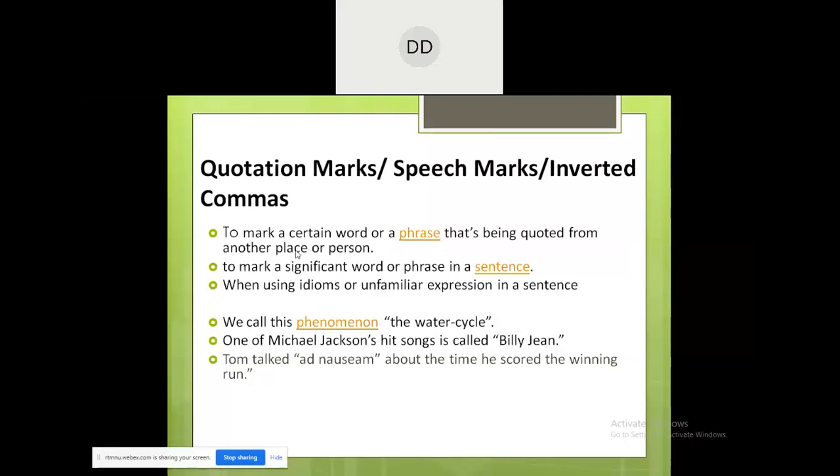So a certain word or phrase that is from another place or person, then you use inverted commas. Now inverted commas, underlining, and italics are all interchangeable. So you will get the same rules. You can just connect everything together.